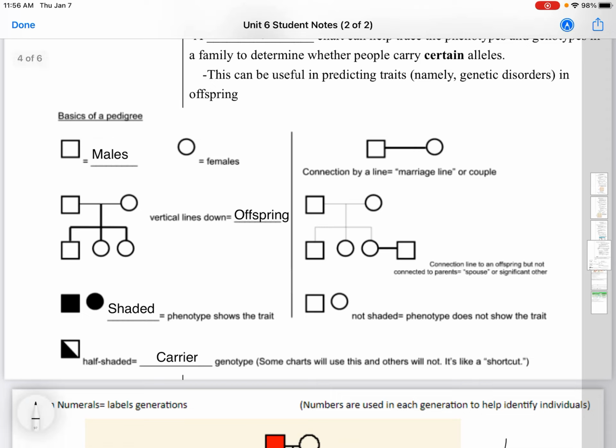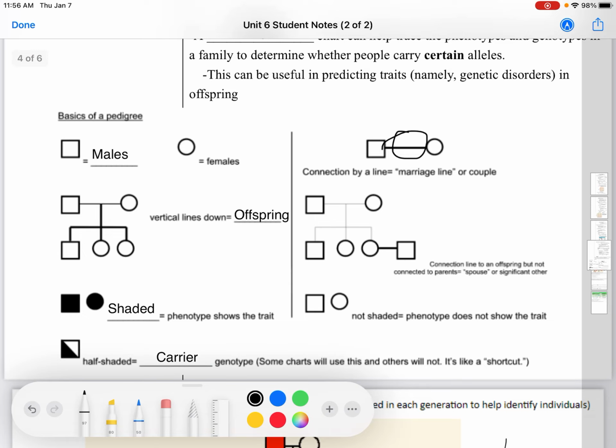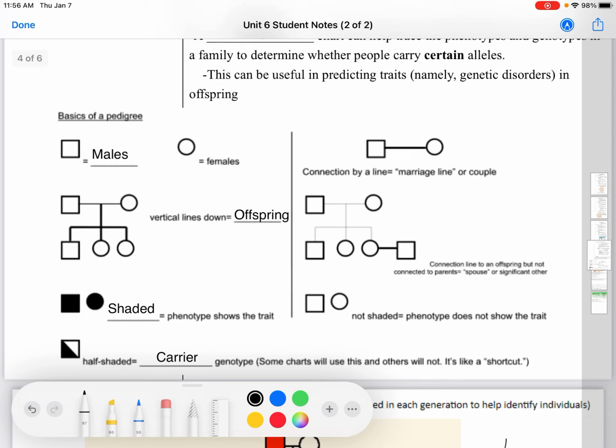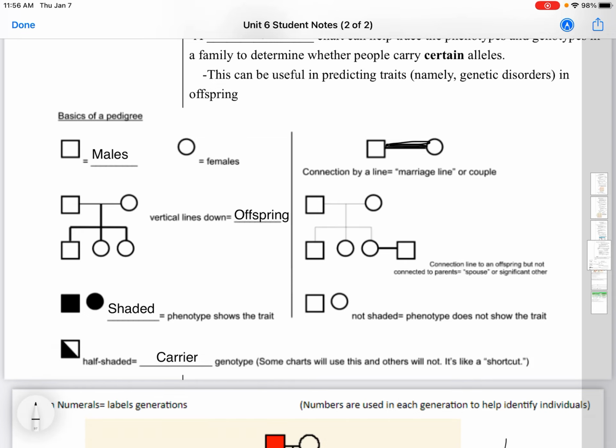Anytime, let me get my pencil here. Anytime you see this line here connecting a square and a circle, it used to be called the marriage line. It's also been called the coupling line. I like to think of it as a relationship line. It means that they have a very close relationship, a relationship so close, in fact, that they are going to have children, okay? Now, of course, we live in a world where not everybody who has kids is married.